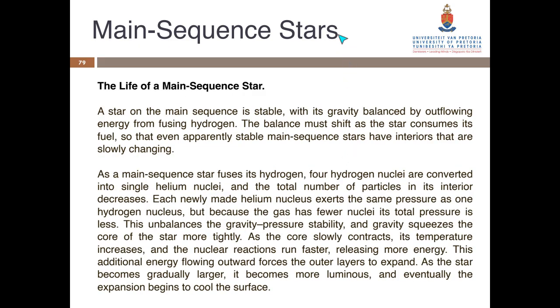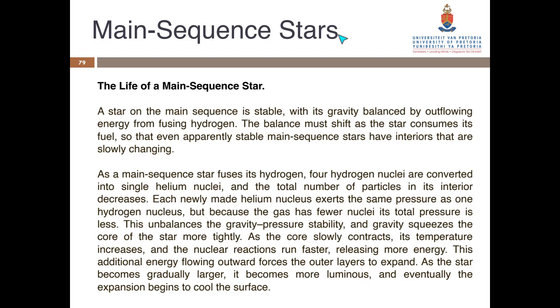A star on the main sequence is stable, with its gravity balanced by outflowing energy from fusing hydrogen. The balance must shift as the star consumes its fuel, so even apparently stable main sequence stars have interiors that are slowly changing.